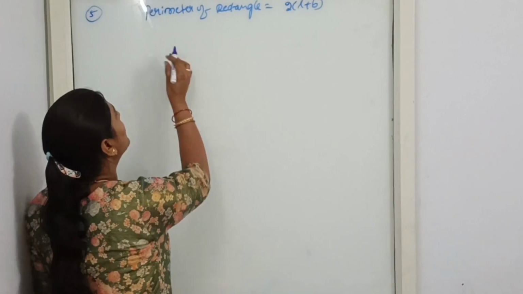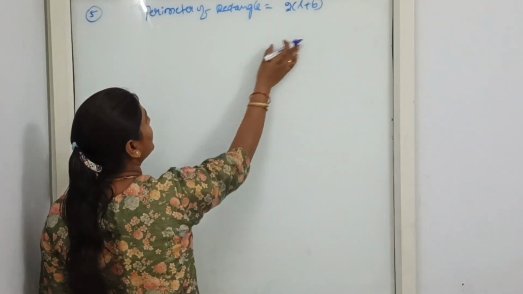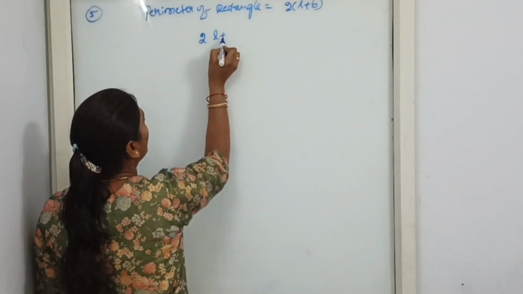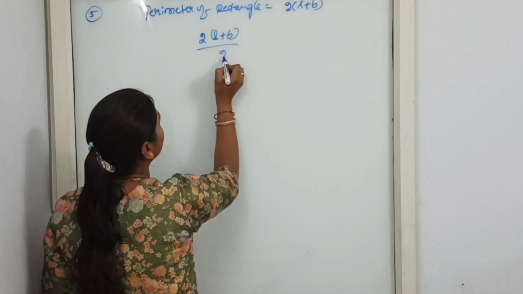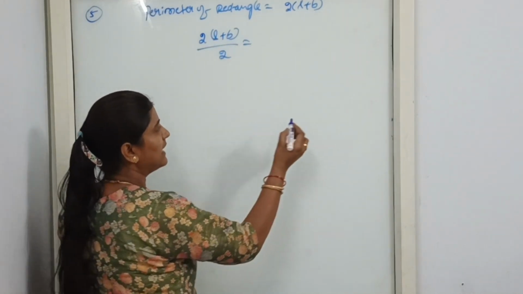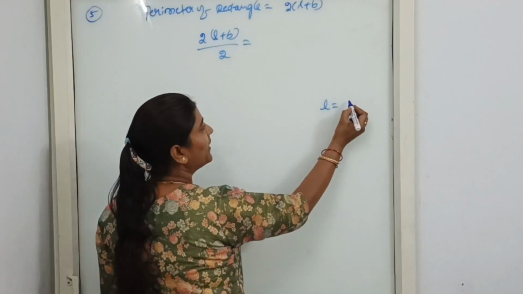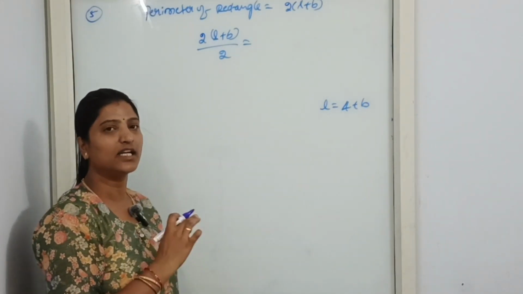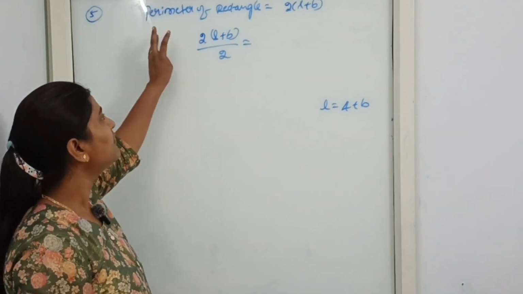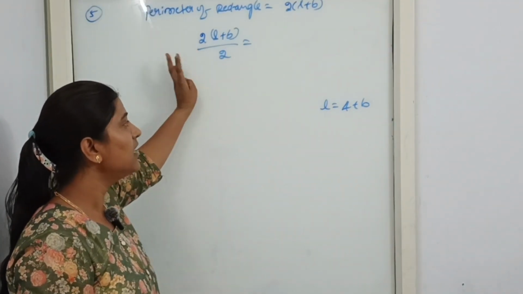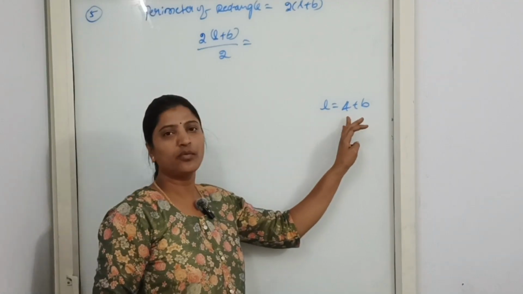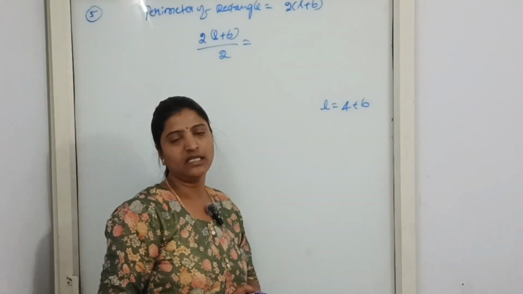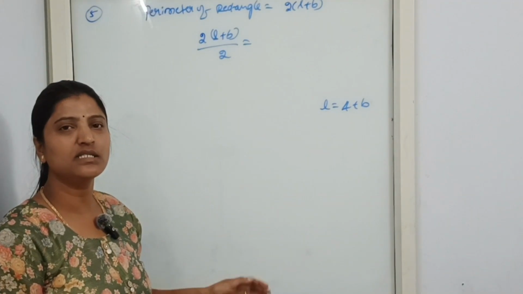Here they are telling half of the perimeter of the rectangle. So that means half of the perimeter of the rectangle whose length is 4 meter more than its breadth. Okay, read the question carefully. Find the dimension of this garden.